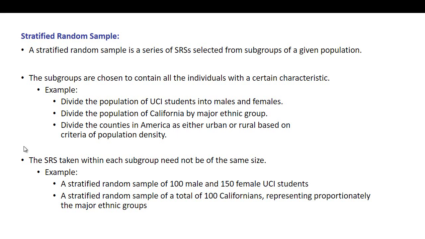A stratified random sample of a total of 100 Californians representing proportionately the major ethnic groups, right? That would be another example of a stratified random sample. So you're picking 100 Californians from each major ethnic group.